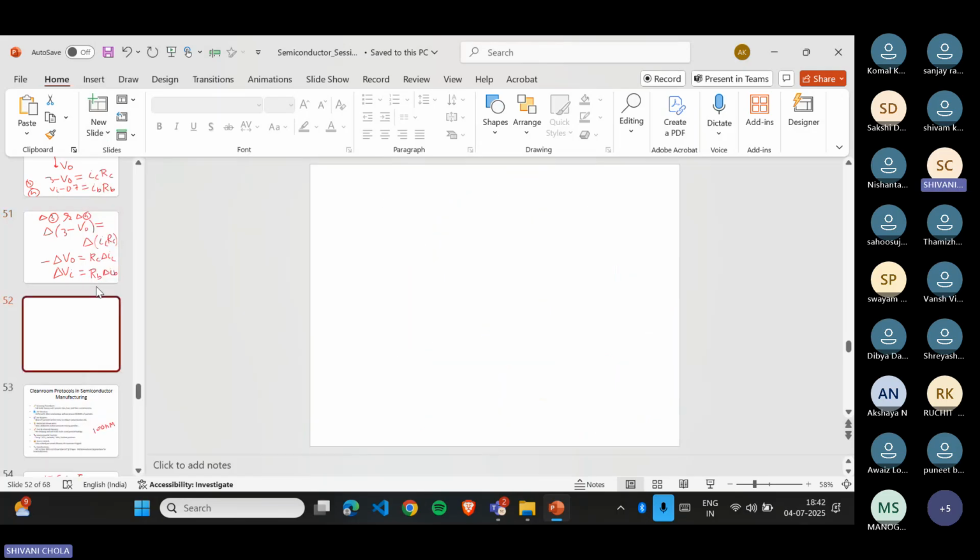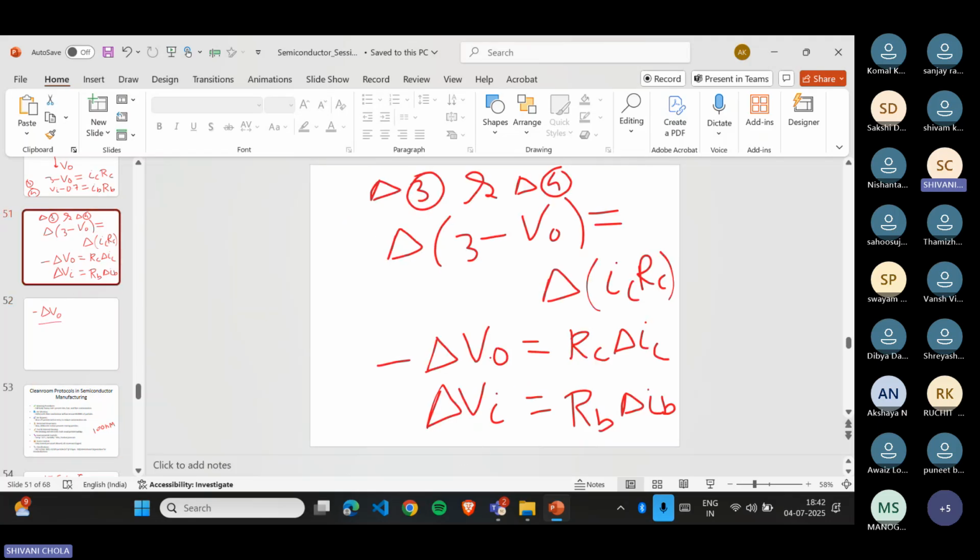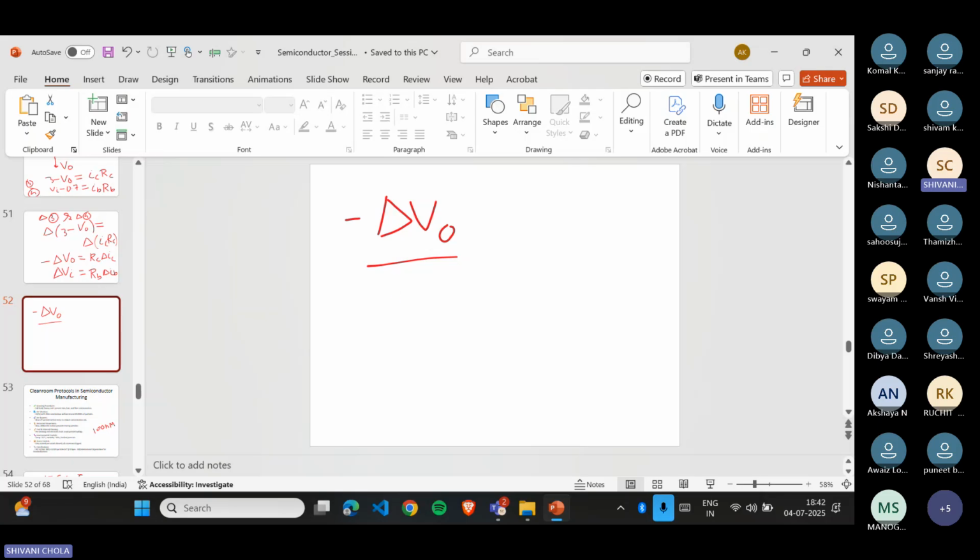So can I write delta VO upon delta VI is equal to minus RC upon RB into beta?